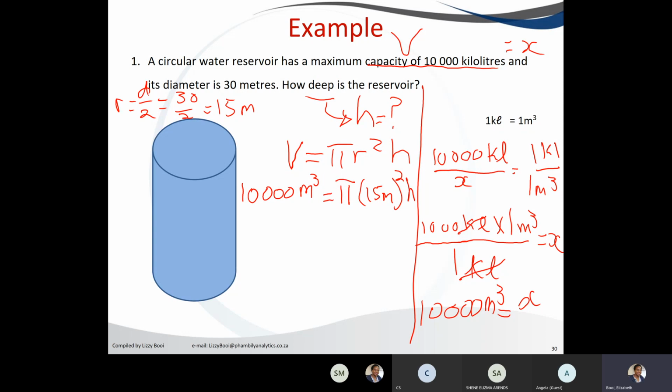And to do that, we can simplify the square first. So we can say 15 multiply by 15, or 15 squared.